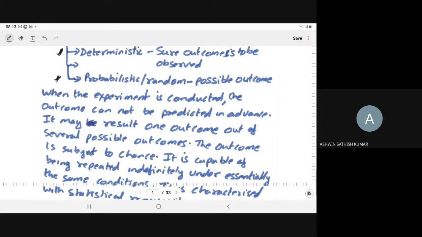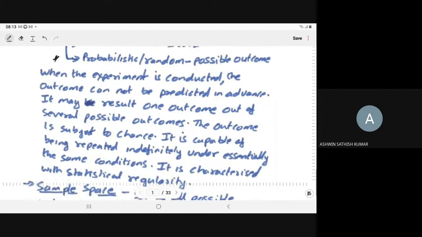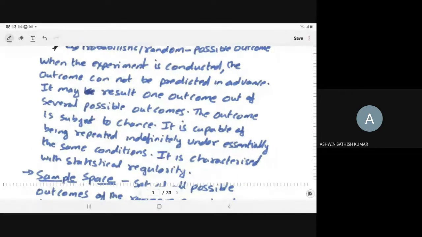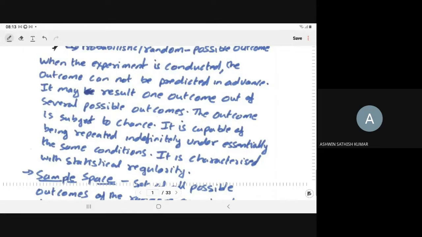It may result in one outcome out of several possible outcomes. The outcome is subject to chance, right? That is important. Depending on this, we have to develop the theory.